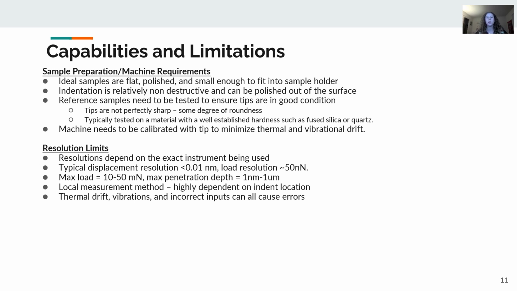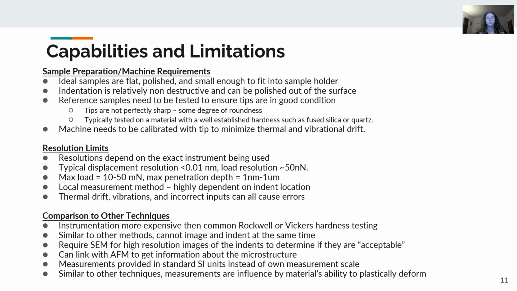It is important, again, to note that this is an extremely local measurement and may not be able to provide information about the modulus and the hardness of the sample as a whole compared to a lot of the macroscopic testing techniques. And then compared to other techniques, nanoindentation is more expensive. It does require that the SEM is used to image the indents if needed.